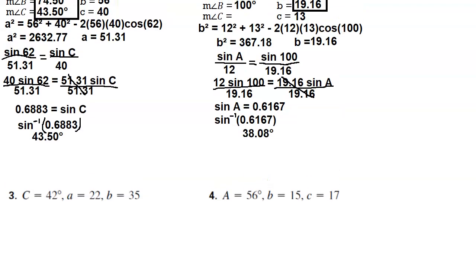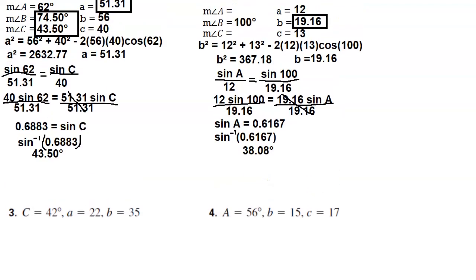All right, now I can scroll up, finish the problem. It won't take more than a second from here because we've got that, and then we could just subtract from 180 to get the last angle.